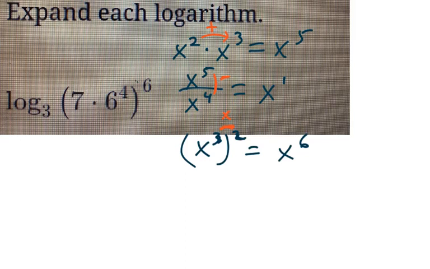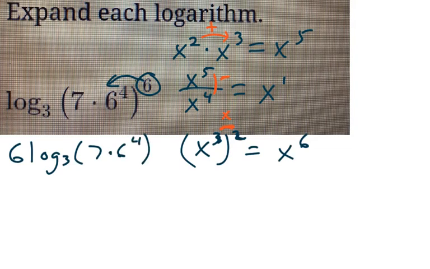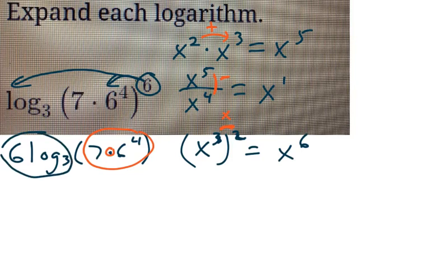So let's start with this one right here. Notice that I have a power on this log here. So I immediately know that with power, it becomes a multiply. So basically what I did is I bring the 6 in front. The 6 power in front becomes a multiply. Now, if you look inside my parentheses, it's a times. Well, what do we do with times? We add, right? That's what we did with powers. Now, keep in mind that this is a 6 log base 3.